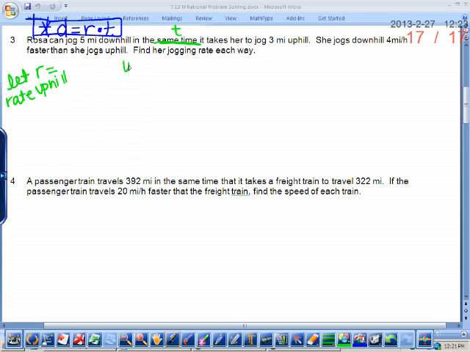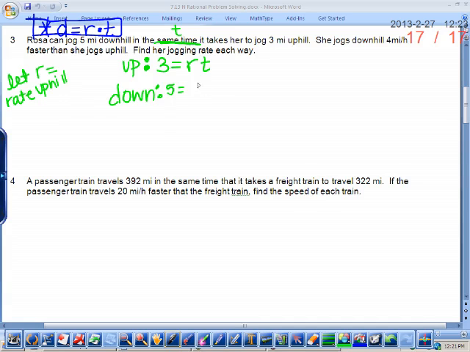All right, so let's write our equation for uphill. What's her distance uphill? 3. What's her rate uphill? X or R. And what's her time? T. All right, let's talk about downhill. What's her distance downhill?